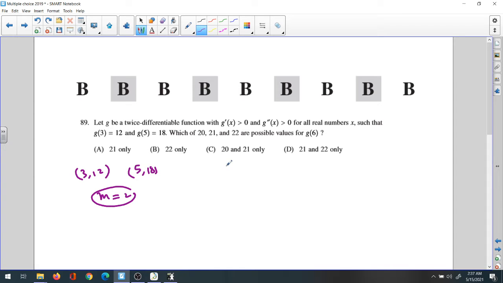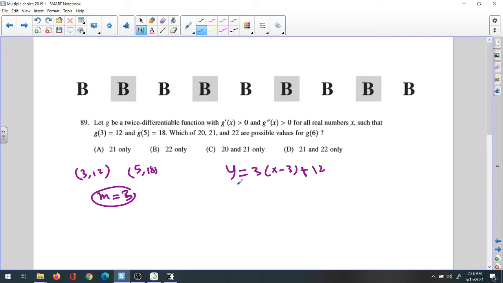So we have the equation y equals the slope times x minus 3 plus 12.